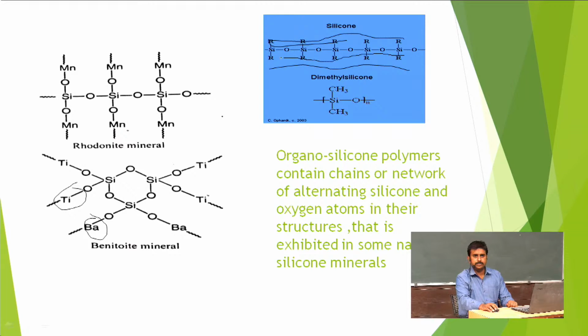This alkyl group could be replaced by any other group, and this is basically called silicone. Now, this is dimethyl silicone. Dimethyl silicone means when both the alkyl groups are methyl groups. If any other alkyl group is attached, it could be named accordingly.